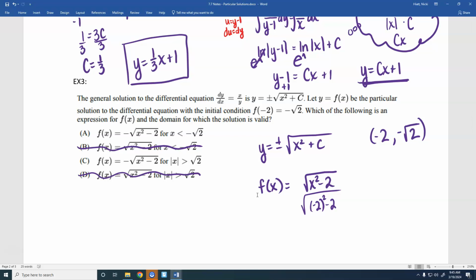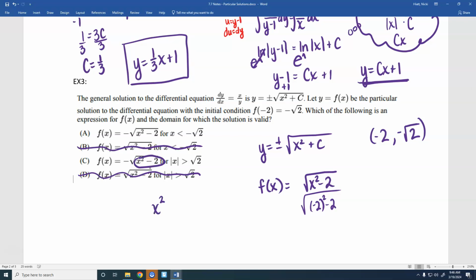All right, so it's asking about the domain for this. For the domain of a square root, what's going to give you a problem with a square root? Negatives under the square root, right? So whatever is under that square root has to be greater than or equal to 0.